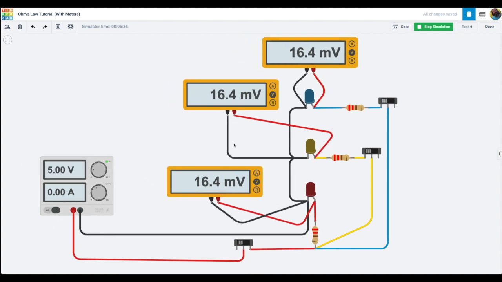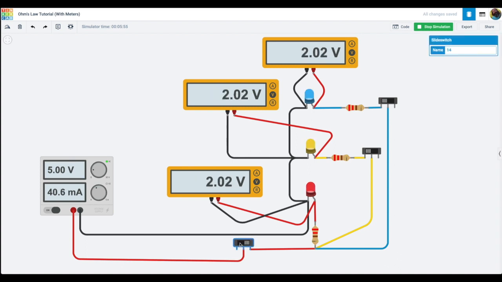This one is basically the same circuit, except instead of having 1 resistor, I've got 3 resistors here. The current goes from here through this main power switch, or the spigot, and then it divides off, and each one has its own resistor. When I turn this on, you can see that they're all dropping 2 volts.